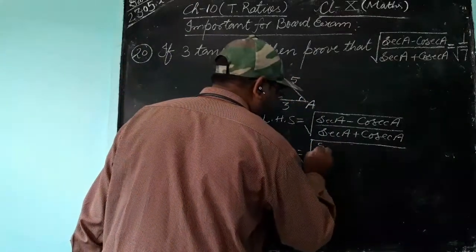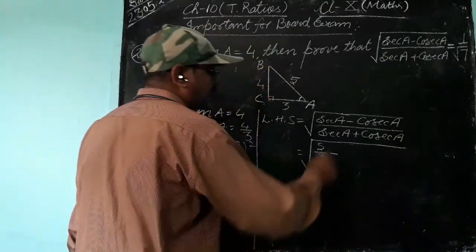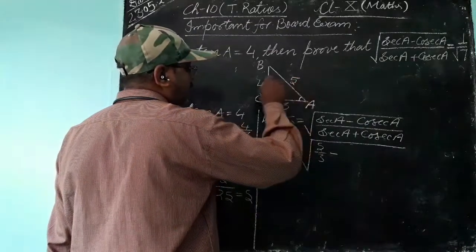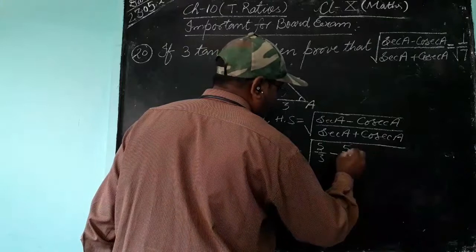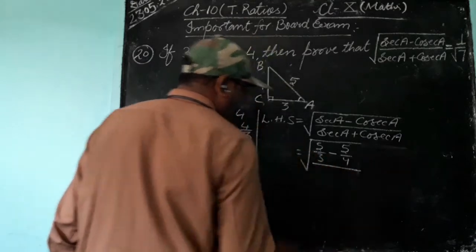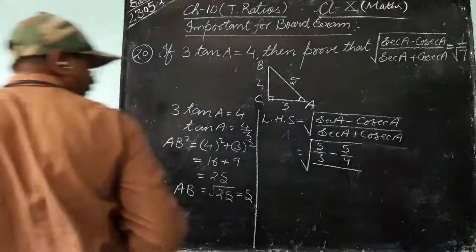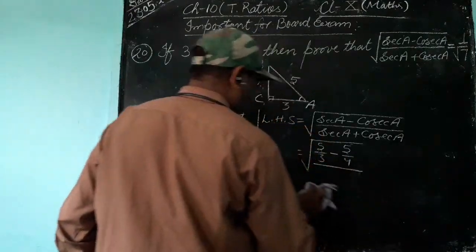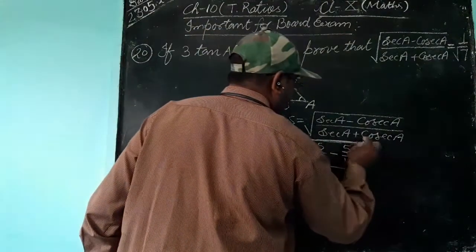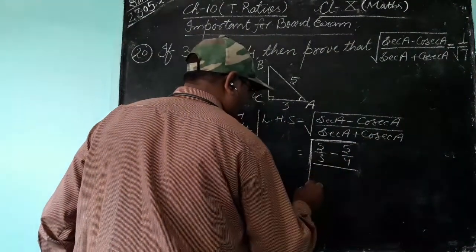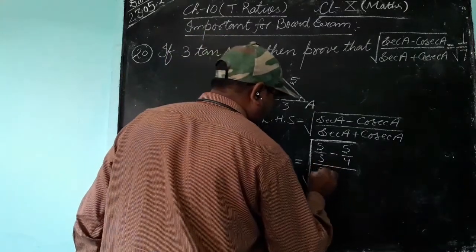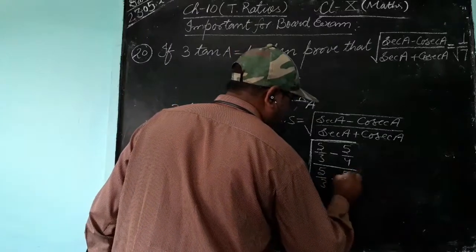So under root, you write 5 upon 3 minus, cosec is just the opposite of sine, so there also 5 upon 4, upon the same, 5 upon 3 plus 5 upon 4.